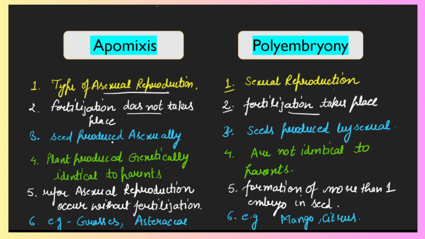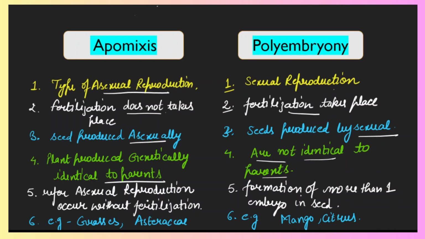In apomixis, seed is produced asexually. In polyembryony, seeds are produced sexually. In apomixis, the plant produced is genetically identical to the parent, because it is a type of asexual reproduction. In polyembryony, they are not identical, they are different from the parental body.